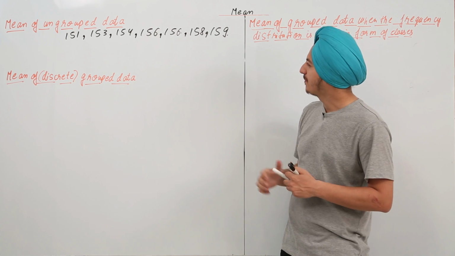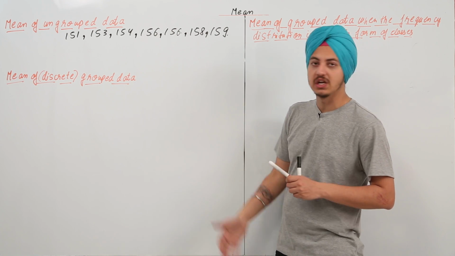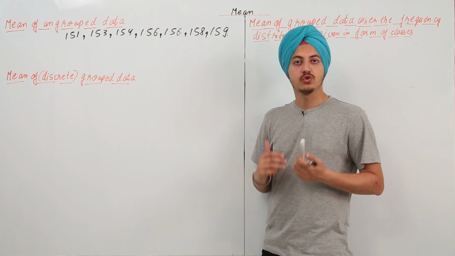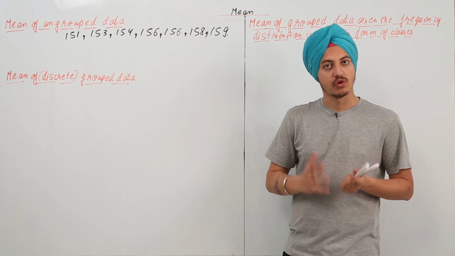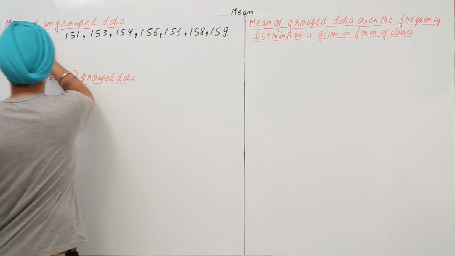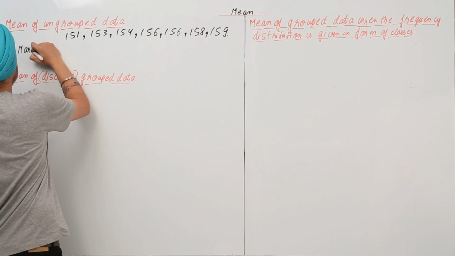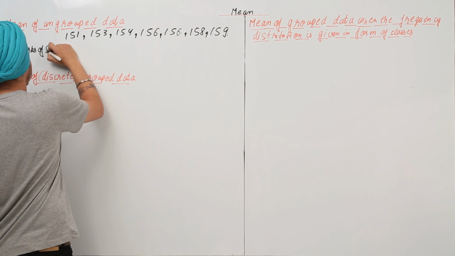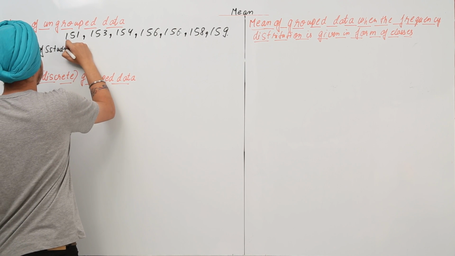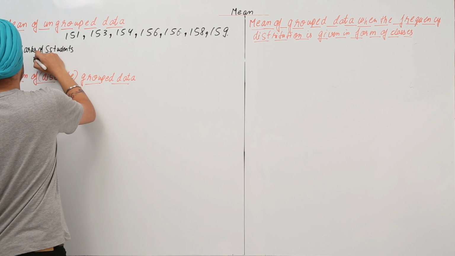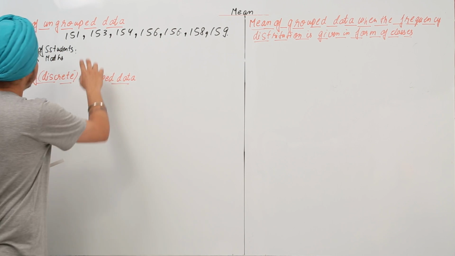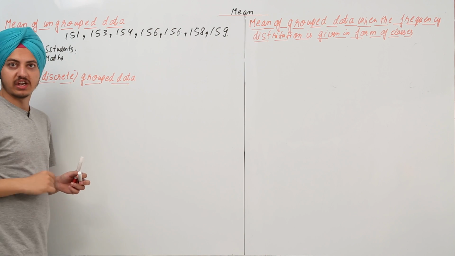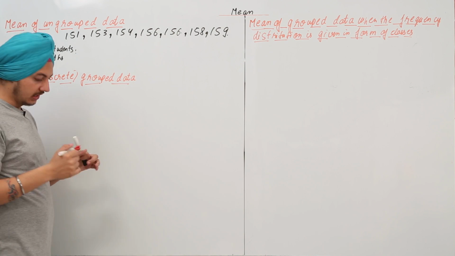Again, a second example I can tell you is, suppose we have marks of 5 students in the subject mathematics out of 50. These marks are out of 50 and I am representing them in descending order.